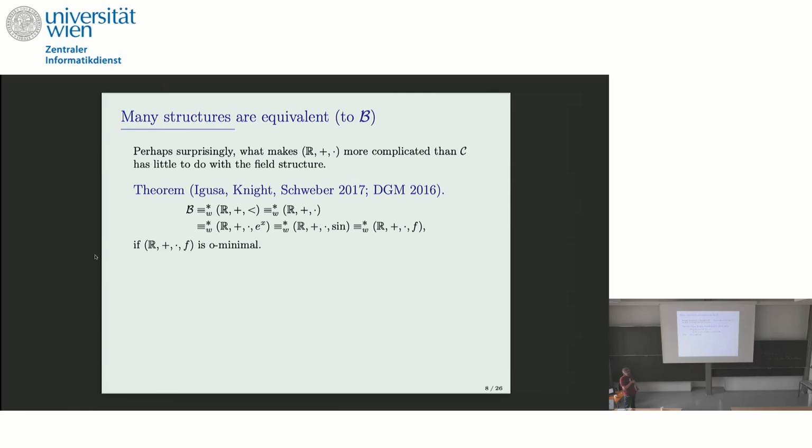You can add the exponential function, the sine function, any o-minimal function. Both papers used tameness. We used quantifier elimination. They used o-minimality, unsurprisingly from the statement of the theorem, to recover from injury. So you're trying to build this structure, and every now and then you make a mistake, but you use the fact that you have this tameness to recover from that injury and keep building the structure.